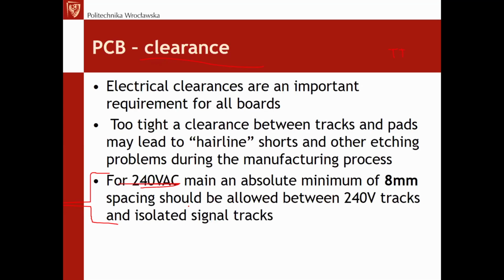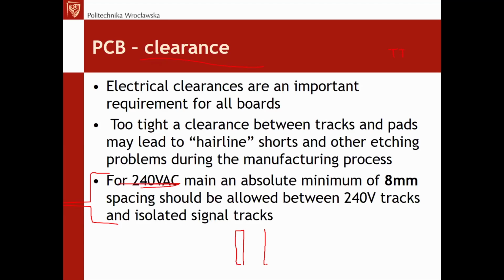Quite often on the PCB, we make a special space with some drill or on some milling machine. There is a break in the PCB between such traces, even if this is 8 millimeters, because this poses a serious problem.